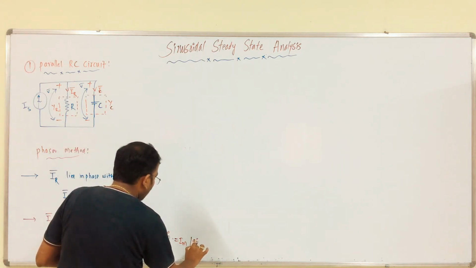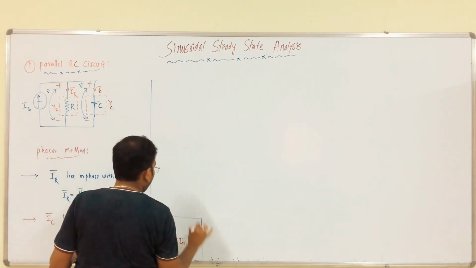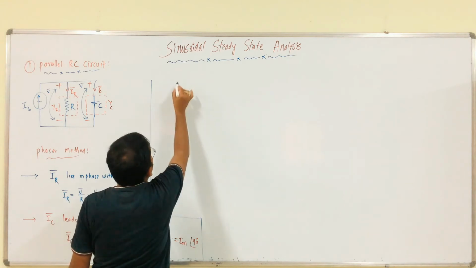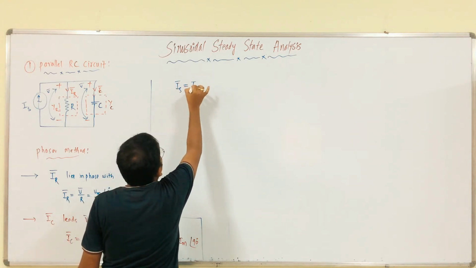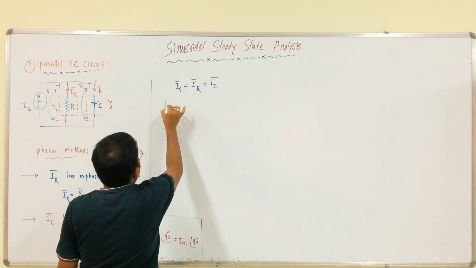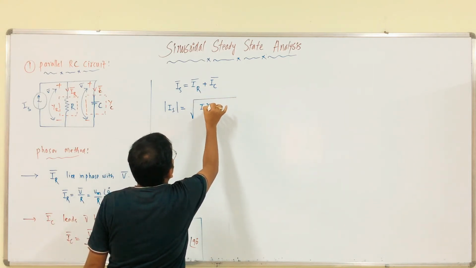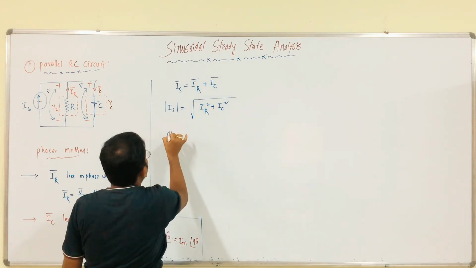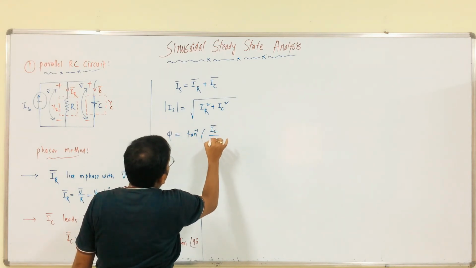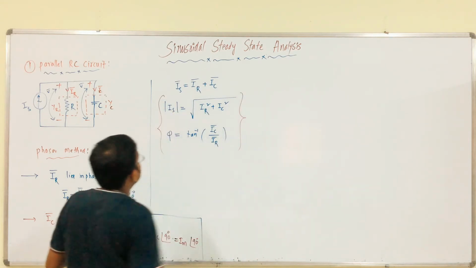If you have any doubt, go through the pure capacitive circuit, then you will have a better idea of the concept. So this is about IR and IC, and from the previous analysis the same procedure applies: IR plus IC, vector addition. Therefore, mod IS is equal to the square root of IR square plus IC square. The phase angle between those two is nothing but IC by IR. Clear?